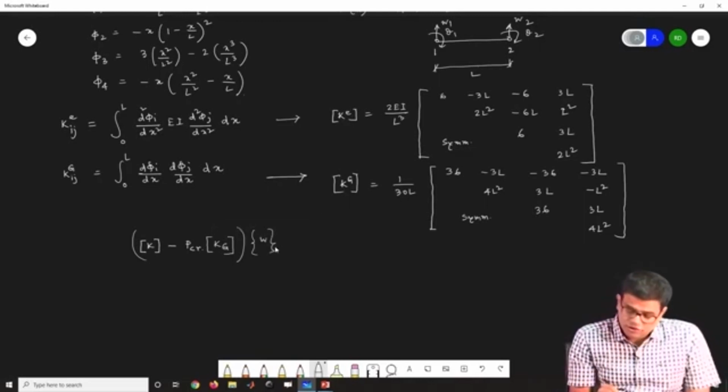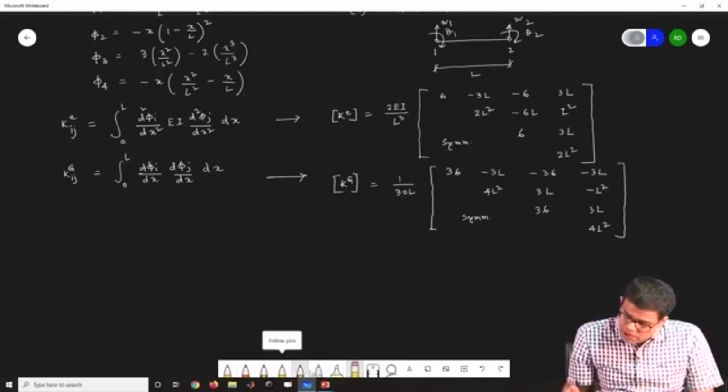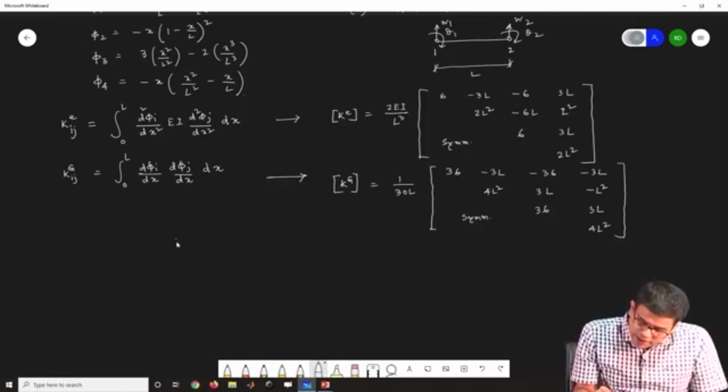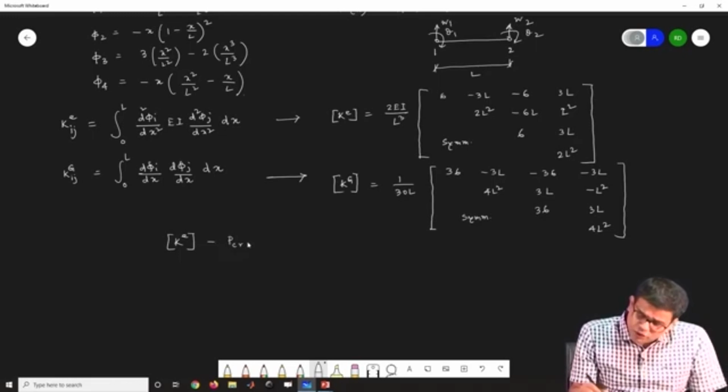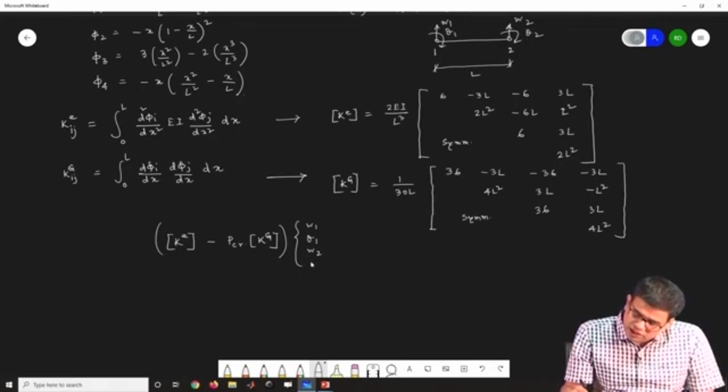This will be multiplied by your global vector W, which is a general vector. If I write the element-wise equation, it will look like this. The element equations are K, the element stiffness matrix, then PCR into Kg, the elemental geometric stiffness, multiplied by W1, theta 1, W2, theta 2.